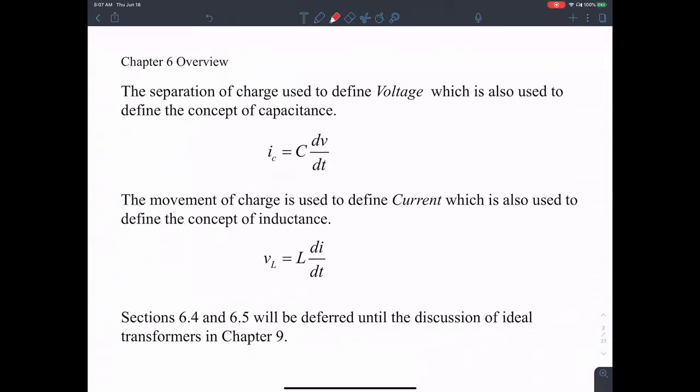So earlier we defined voltage to be an artifact of separation of charge. Remember when we talked about charge, separation of charge and flow of charge.